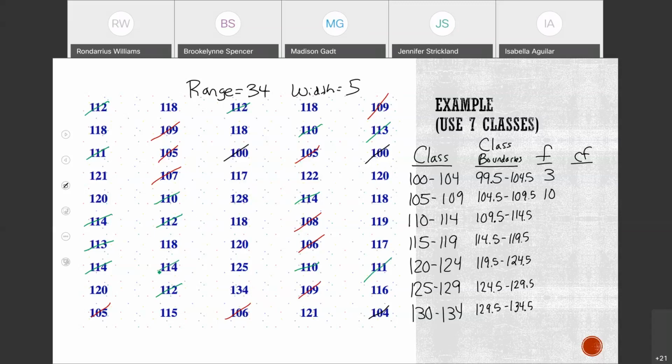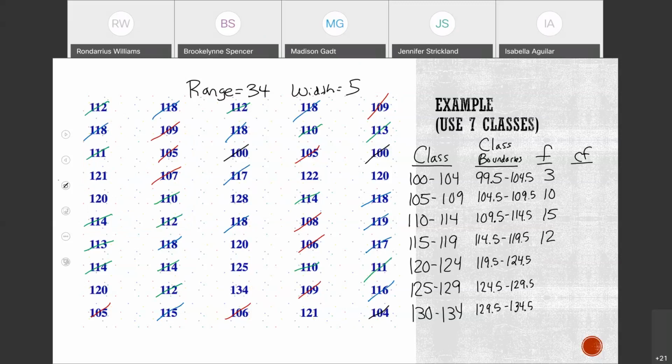All right, so 15. All right, 115 to 119. 1, 2, 3, 4, 5, 6, 7, 8, 9, 10, 11, 12. Okay.